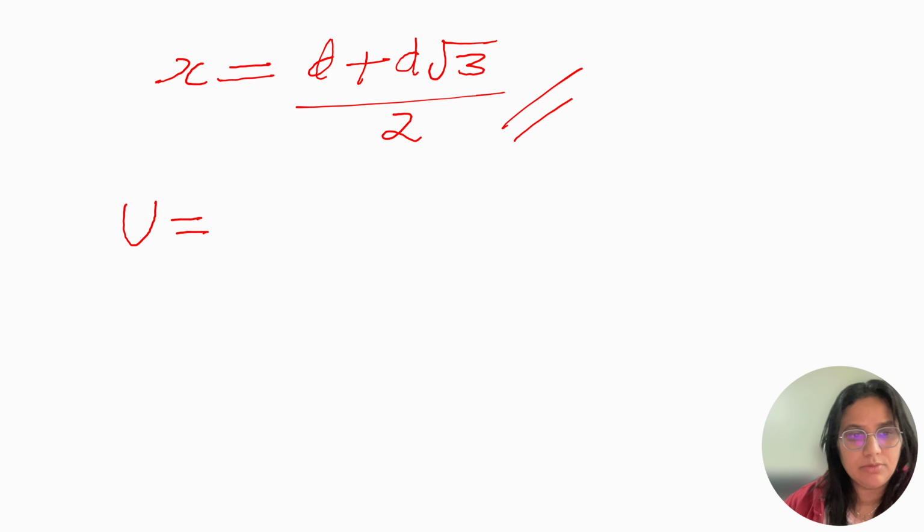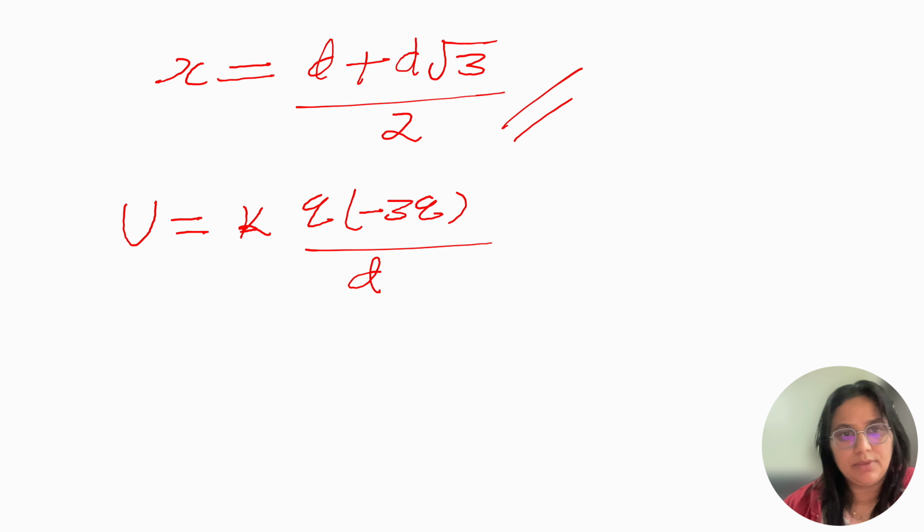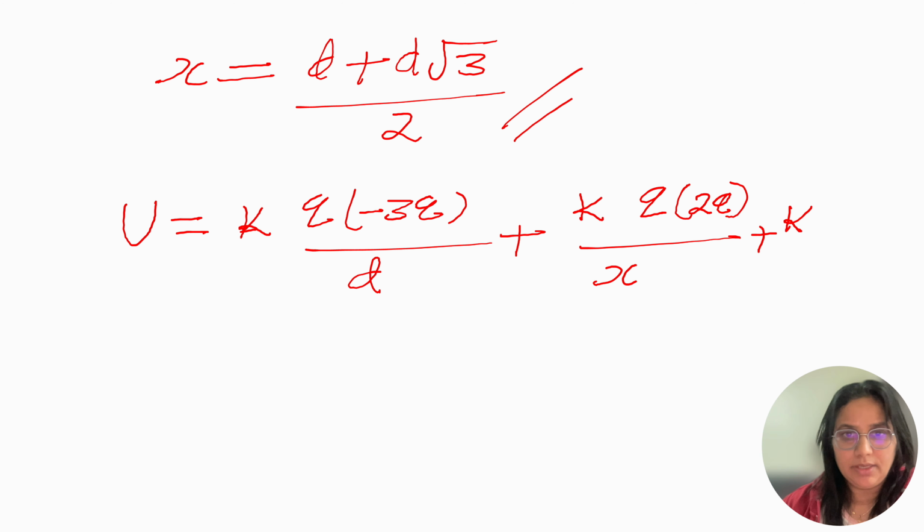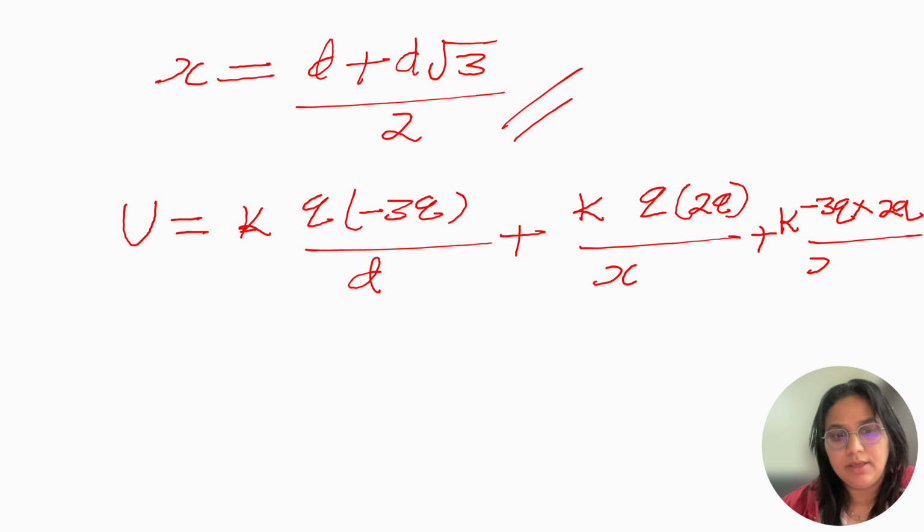So, U is equal to K into q into minus 3q divided by d, plus K into q into 2q divided by x, plus K into minus 3q into 2q divided by x plus d.